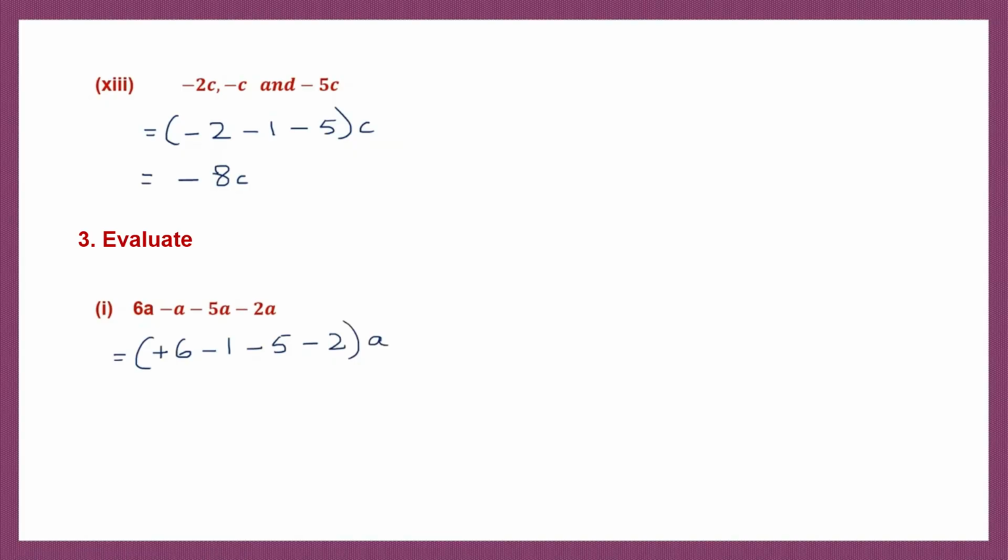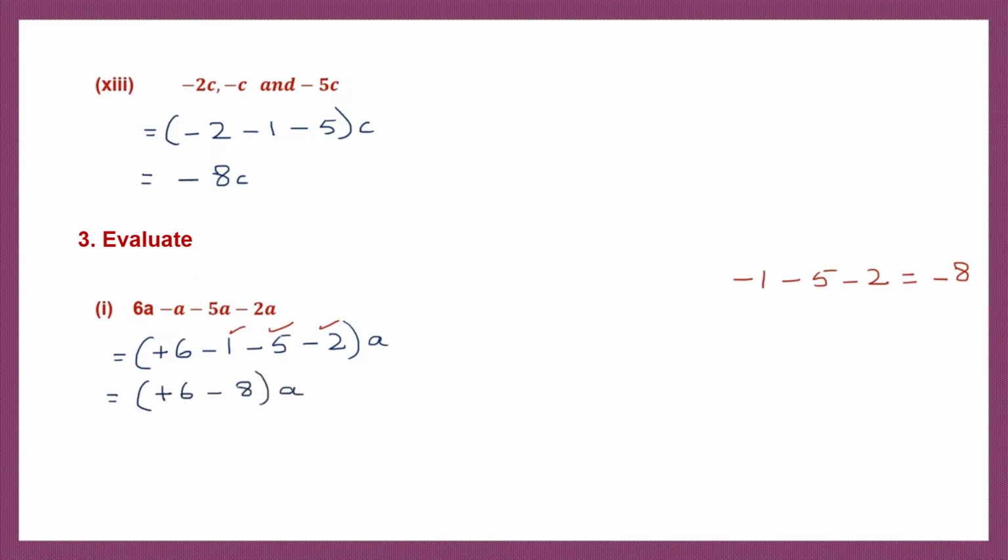Now let's take the numbers with the same sign. Minus 1, minus 5 and minus 2. When signs are the same, put the same sign and add. 1 plus 5 is 6. 6 plus 2 is 8. So that becomes minus 8. So we are still inside the brackets. So this is plus 6 minus 8a.